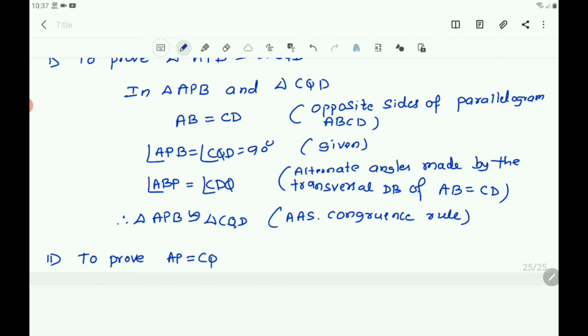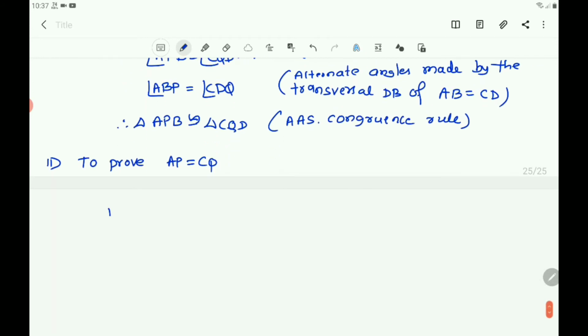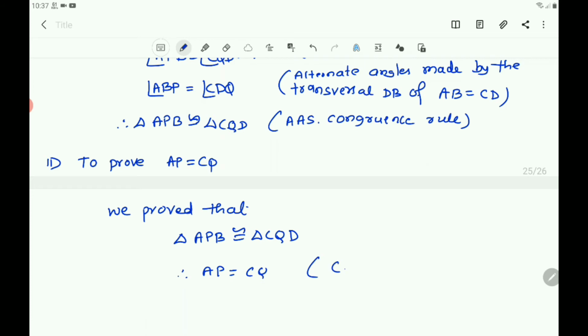We proved that triangle APB is congruent to triangle CQD. Therefore, you can write AP equals CQ according to CPCT.